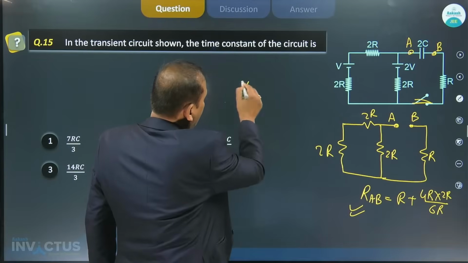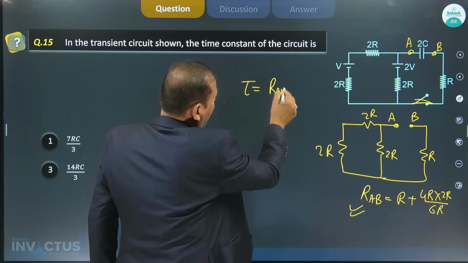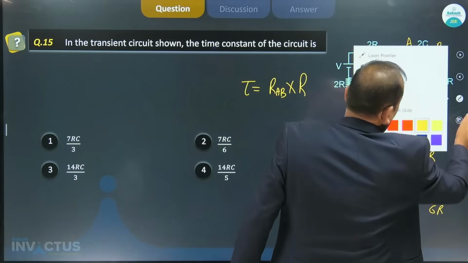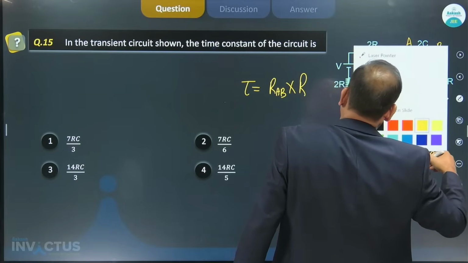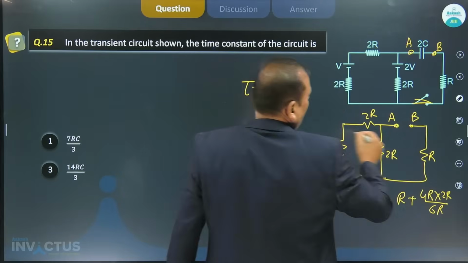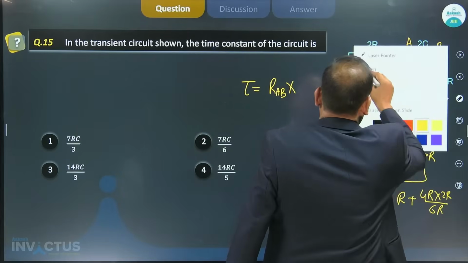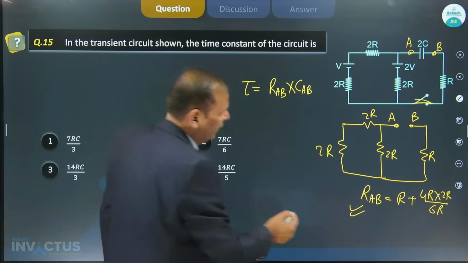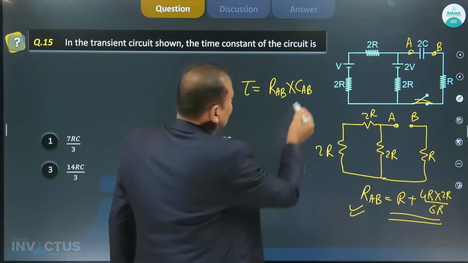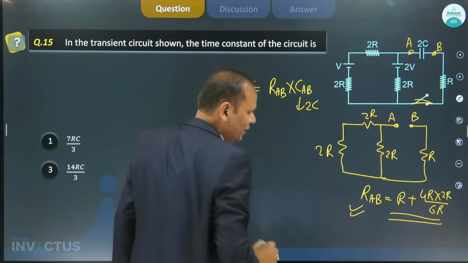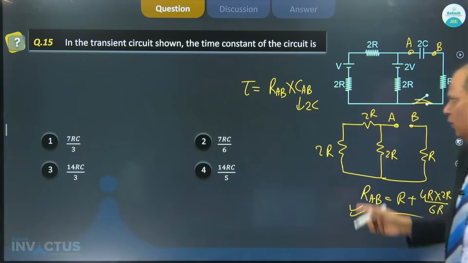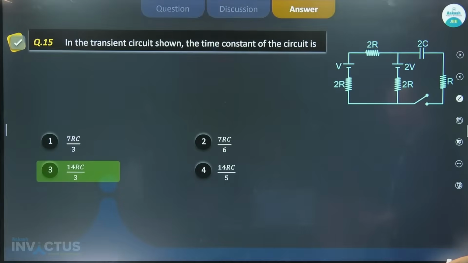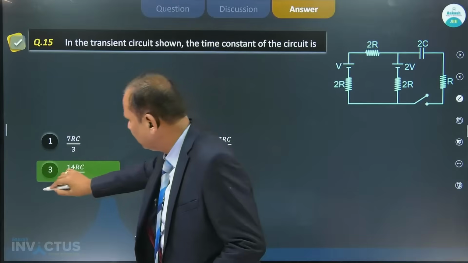So the time constant is equal to RAB into CAB. RAB we have done, and CAB is 2C. Now you can put in the values and you will get the answer. So see the answer. It will be 14 RC by 3.